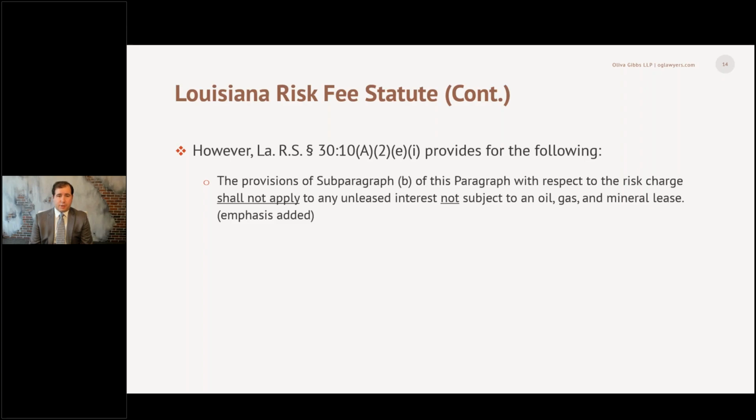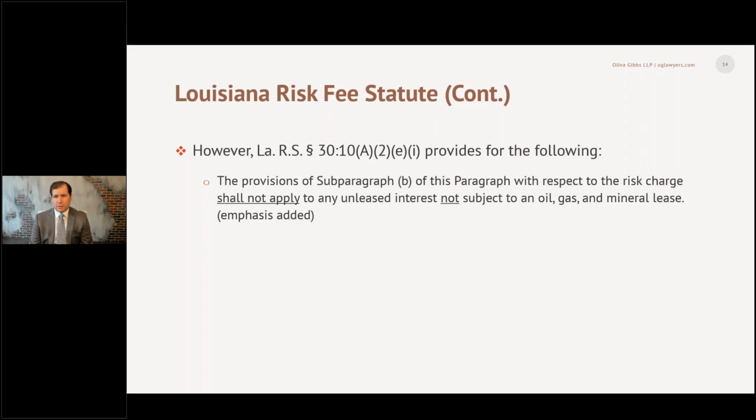Under the statute, a risk charge shall not apply to any unleased owners. So unleased owners will generally get what's thought of as a free ride. If they elect not to participate and elect not to sign a lease, they will not recover any portions until payout is reached. After payout is reached, those parties will be able to come in at their pro rata share of the well at their 8/8 portion.